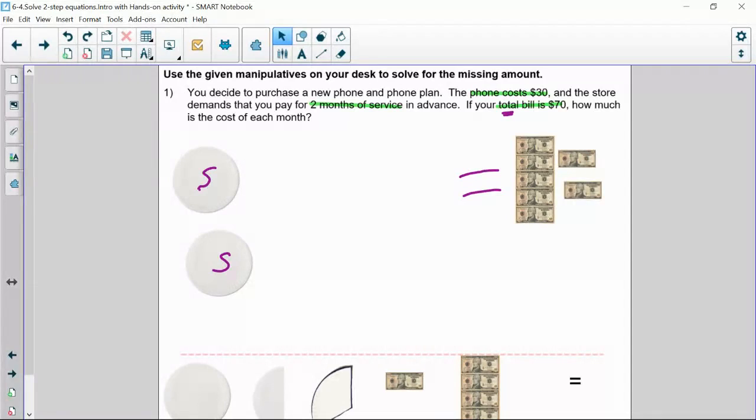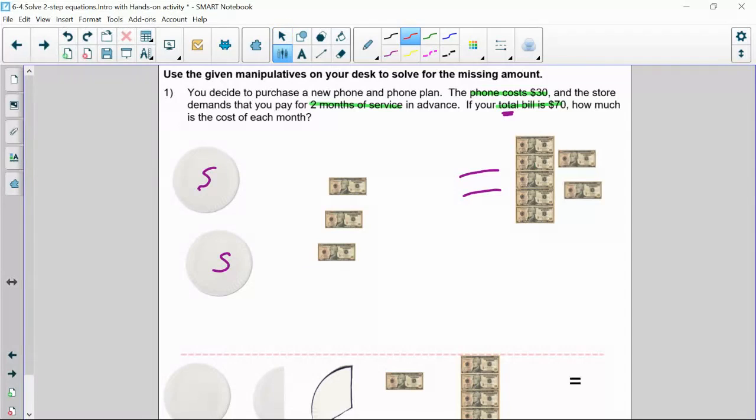Well, what else are we paying for when we walked into the store? We also paid for our phone that was $30. And what they want us to find out is how much is it for 1 month of service. It says each month, so basically that means how much is it for one? That's what we're trying to find out.